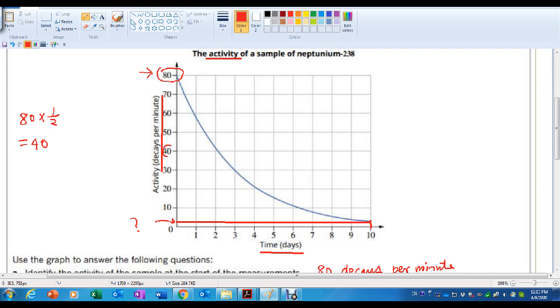So you are looking for this one. Basically it goes from 80 to 40 by multiplying by half. So after one half-life, the level of activity should be around 40. So draw a line here. Possibly I use another color.